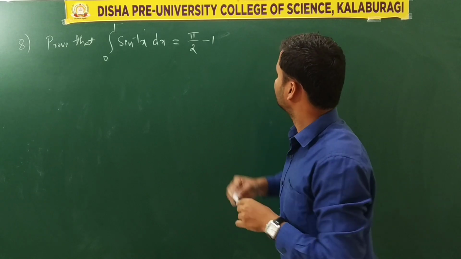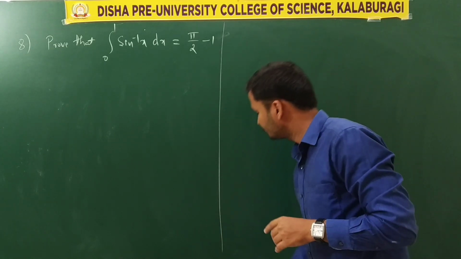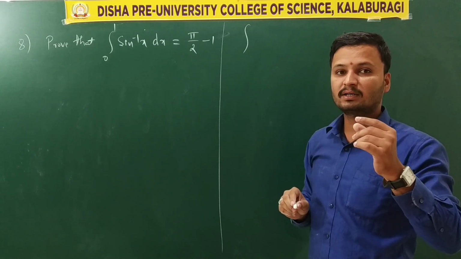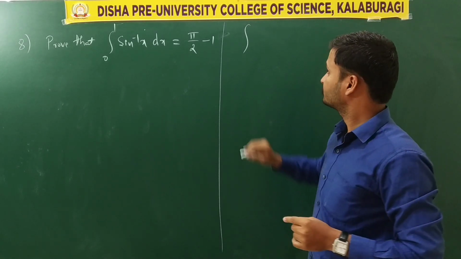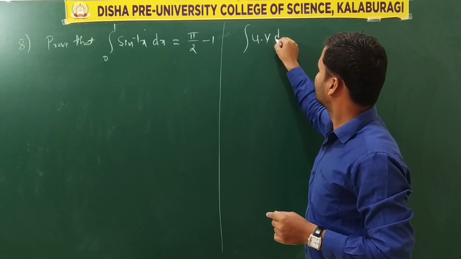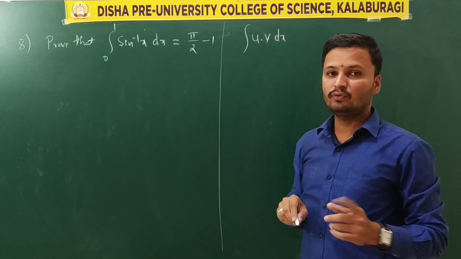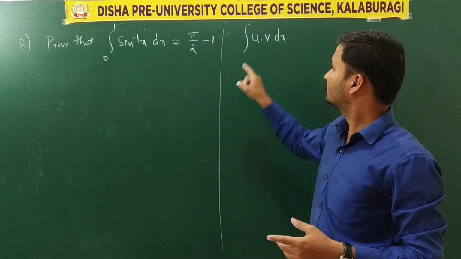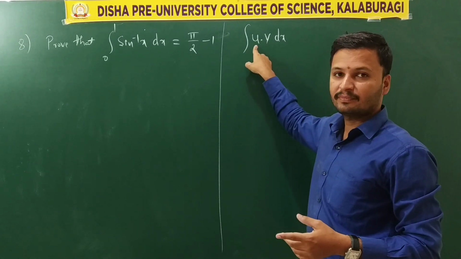So what is the integration by parts method? It says that for the product of two functions, for example u and v, which are functions of x, how do we integrate the product?